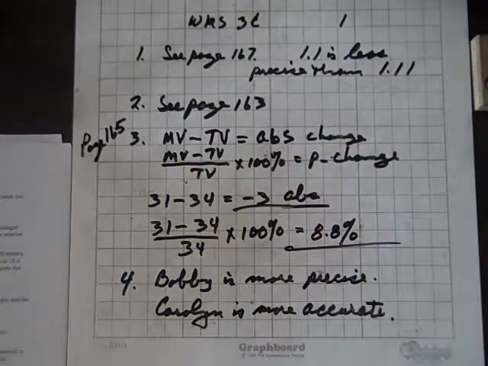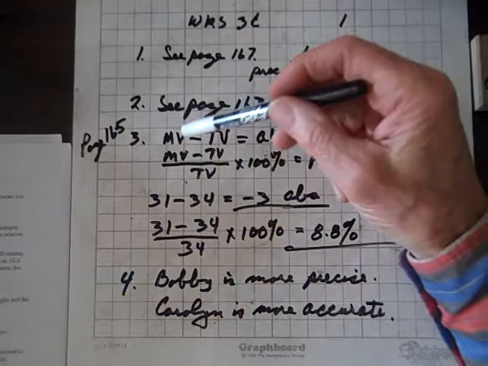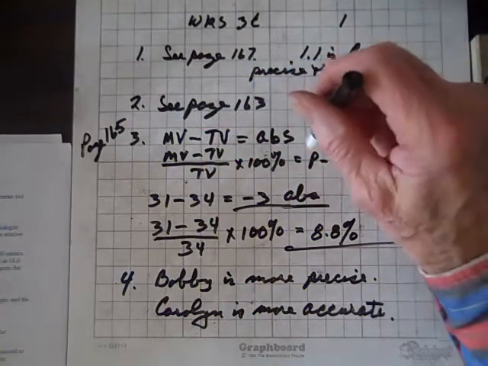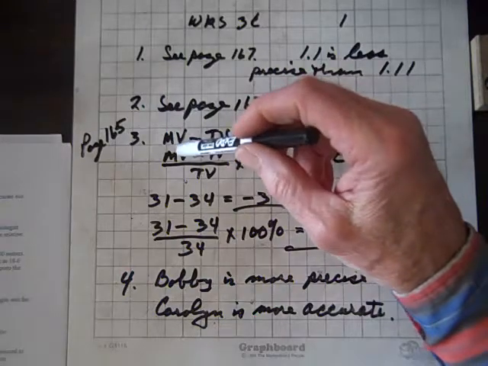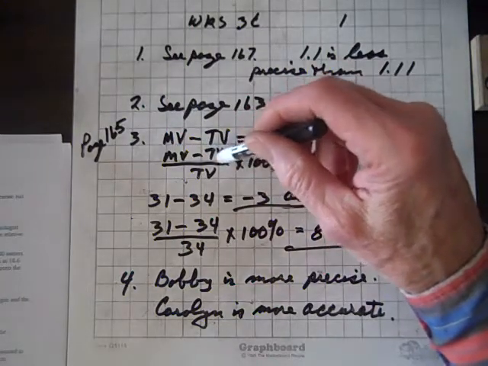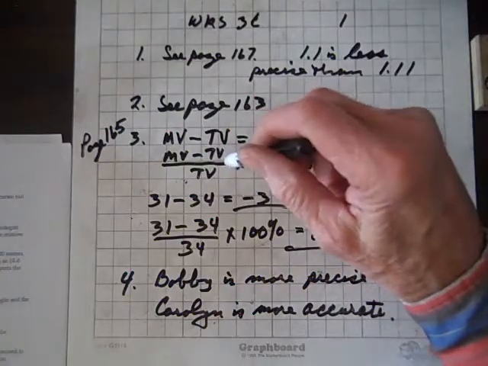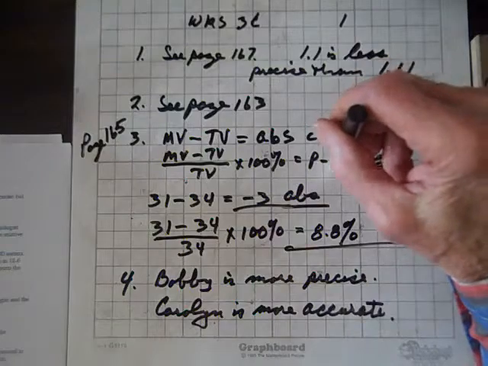Absolute error is measured value minus true value, which equals the absolute change. Whereas percent error is the measured value minus true value, all that difference divided by true value, times 100%.